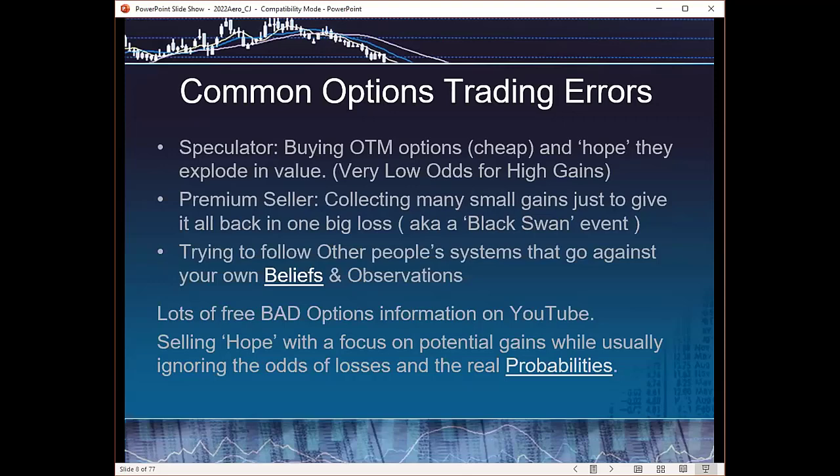It makes me kind of sick because they focus on peddling hope of potential gains and winners, and they usually either ignore or underplay the probabilities of losses. Again, any strategy can be made to work, but you've got to look at the whole picture to be successful in the long run.